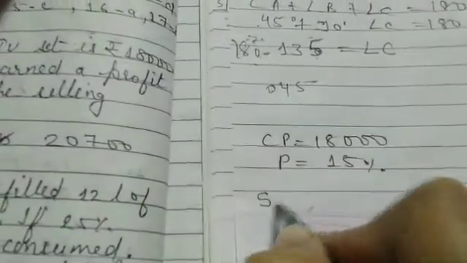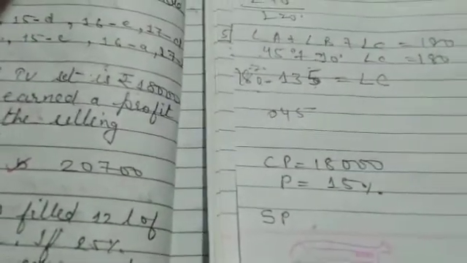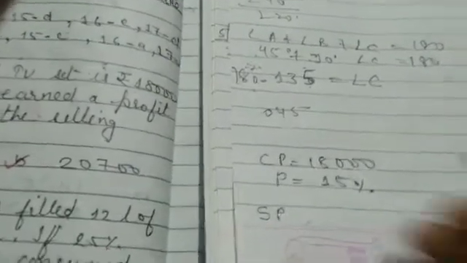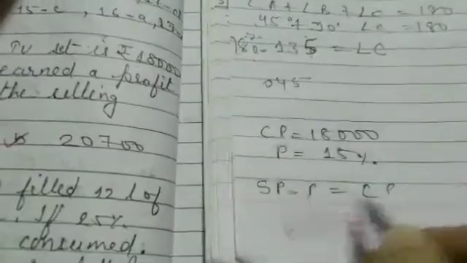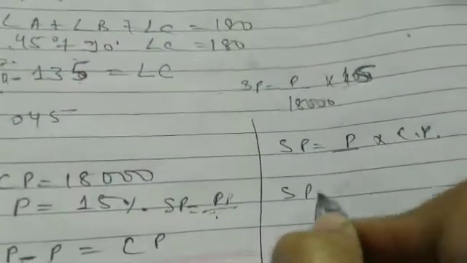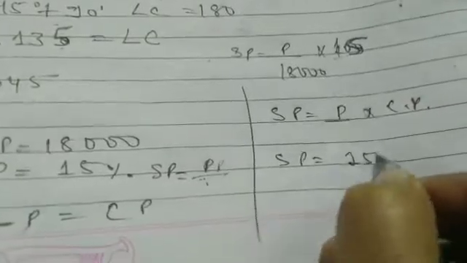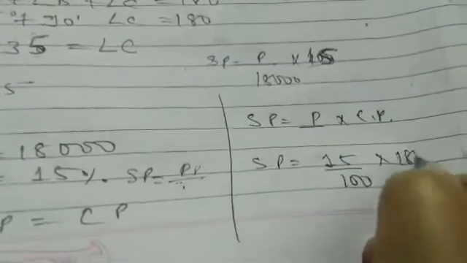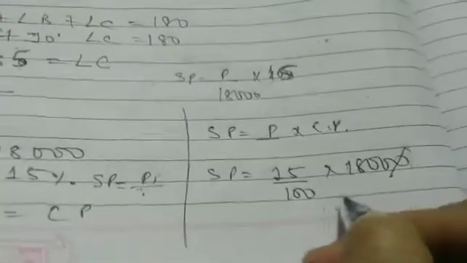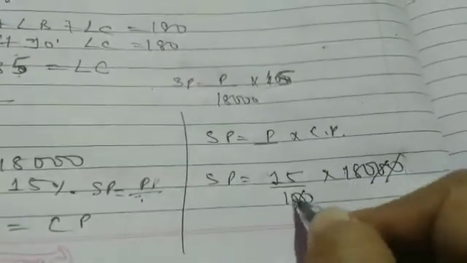We have to find the selling price. So we know that selling price minus profit is equal to cost price. So profit is equal to profit percent upon 100 into 18,000. Okay, so 0 0 cancel, 0 0 cancel.